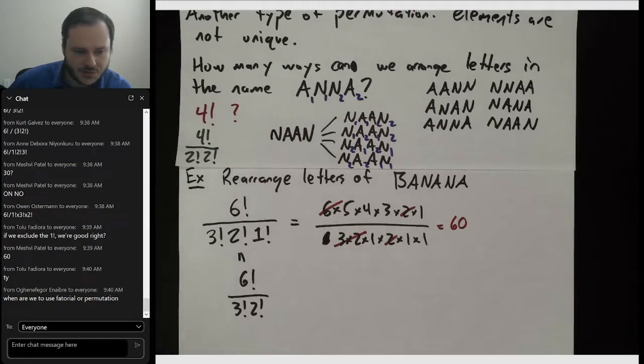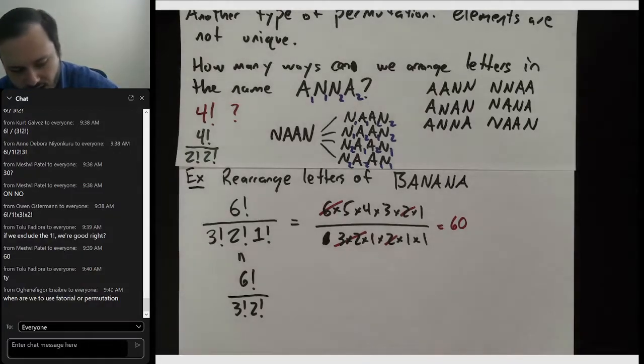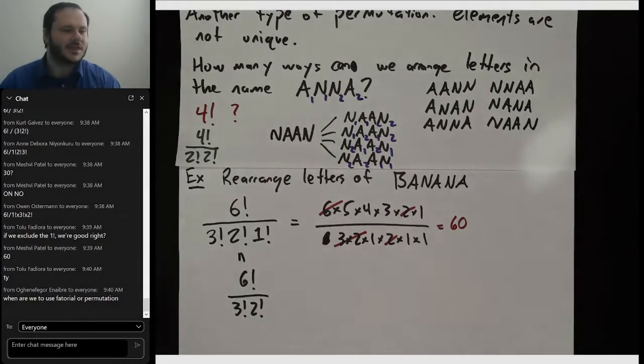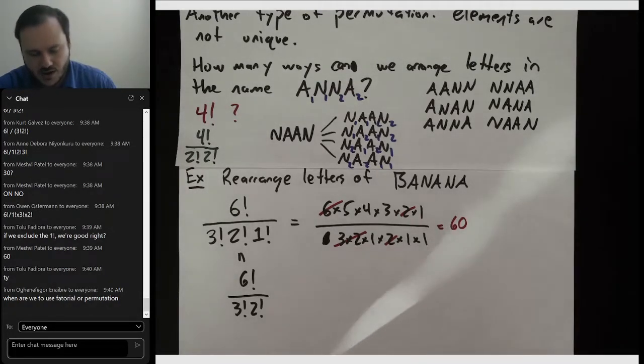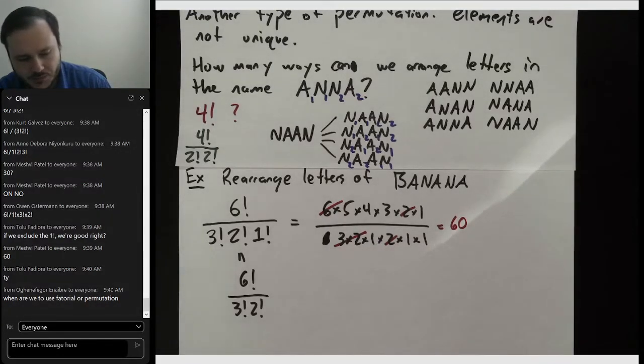When are you to use factorial or permutation? When they are appropriate, when they help you solve the question. A factorial is a number. A permutation is a thing. A permutation describes an arranging of a set.